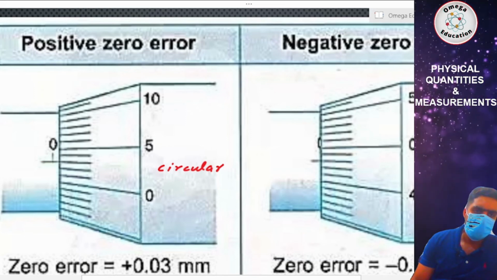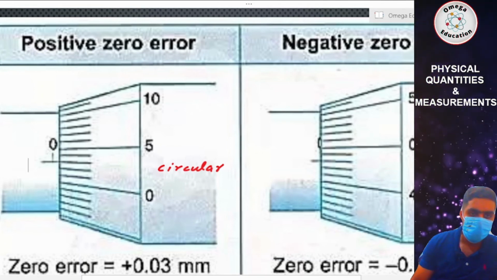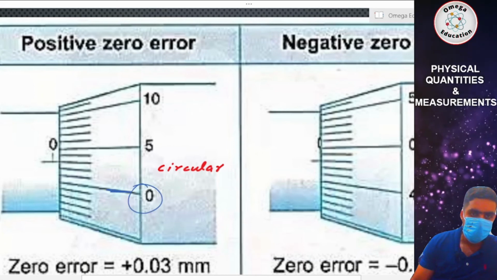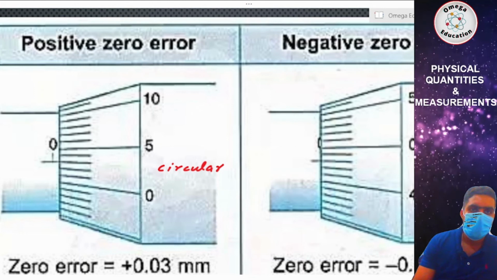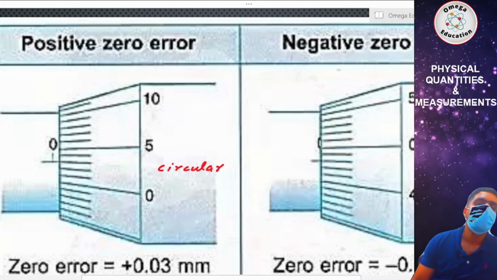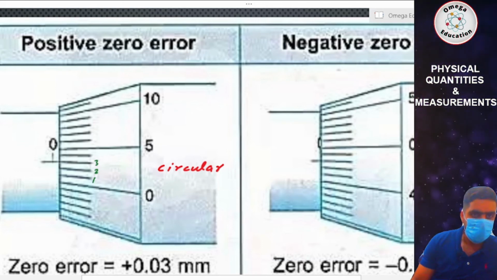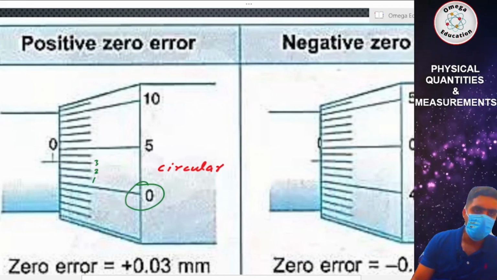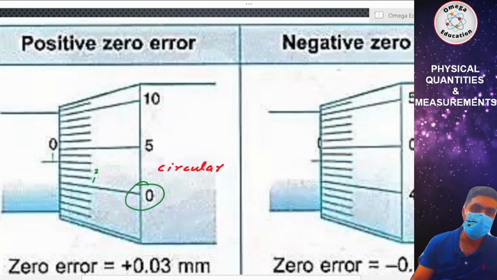Or in simple words, we know that line 0 of the circular scale is not aligned with the zero of the main scale, then you simply find out which line number is matching. So 1, 2, 3, we see the zero is actually 3 places lower than it should be, it is 3 lines lower.